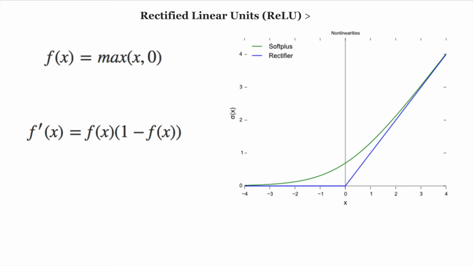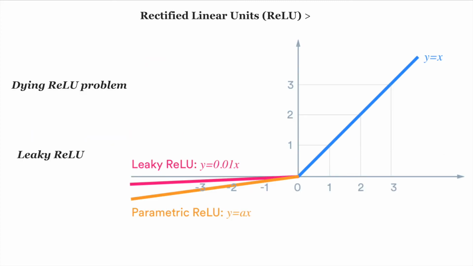The problem is sometimes called the dying ReLU problem. It might be that the data is sparse or some other cause. If ReLU dies, it will not pick up again, and it keeps flowing zero information again and again, so your training does not go well.